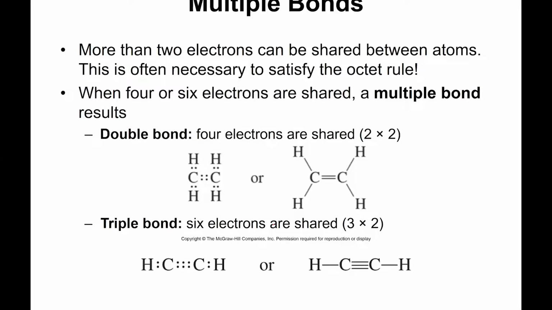So when 4 or 6 electrons are shared, you have this multiple bond. A double bond is when 4 electrons are shared. So 2 and 2, as you see in this example here. And a triple bond is when 6 electrons are shared, or if you have 3 sets of 2. That is a triple bond.